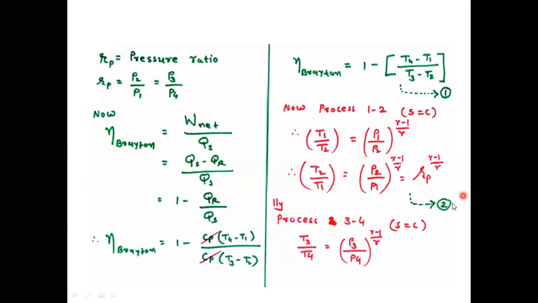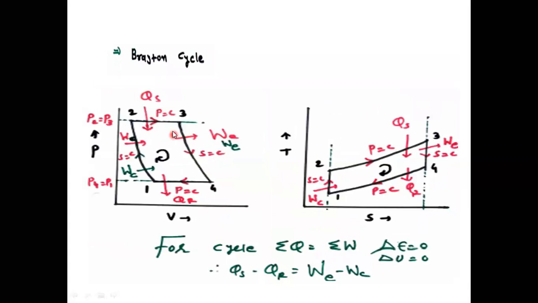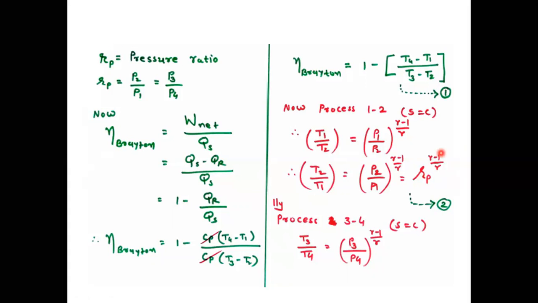Say equation number 2. Similarly, process 3 to 4, again a reversible isentropic process. See here, 3 to 4 on the TS diagram. Reversible isentropic process means adiabatic process.